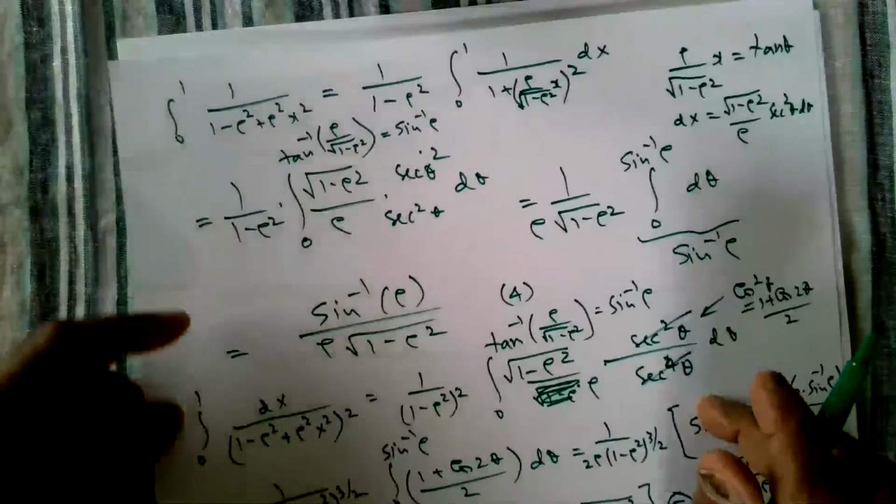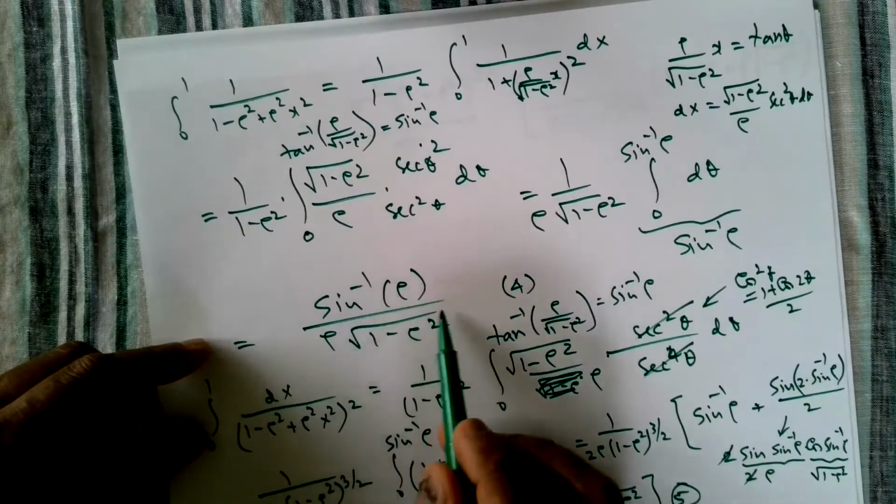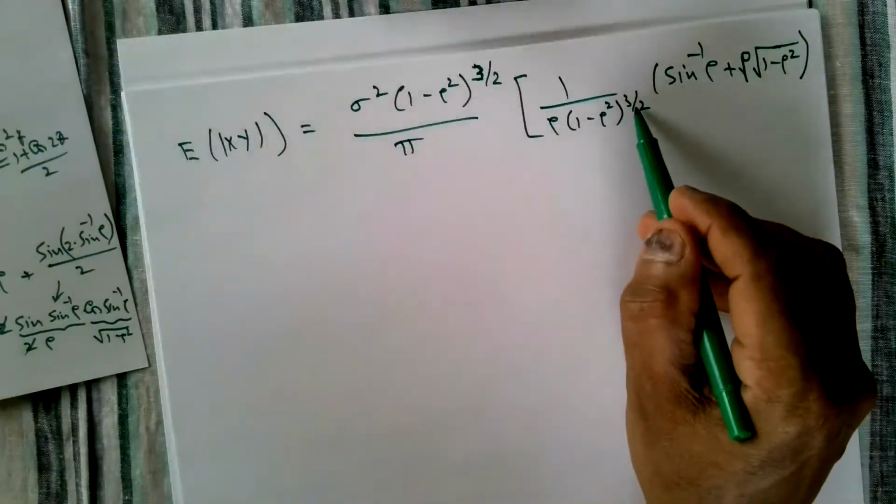Notice that in 4, you only have square root of 1 minus rho squared, whereas here it is 3 by 2.